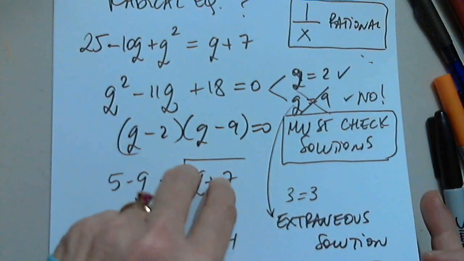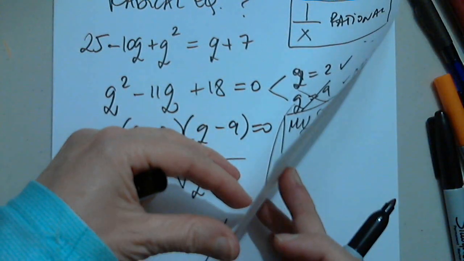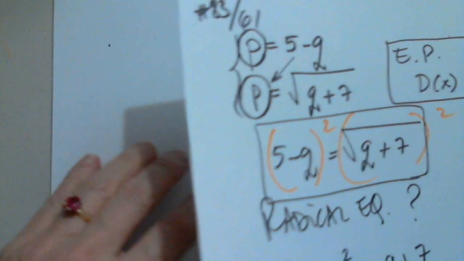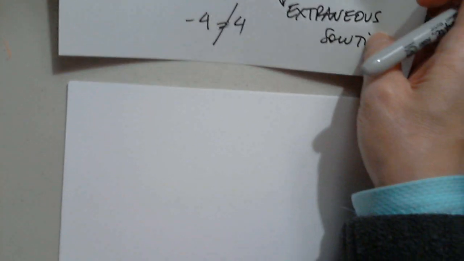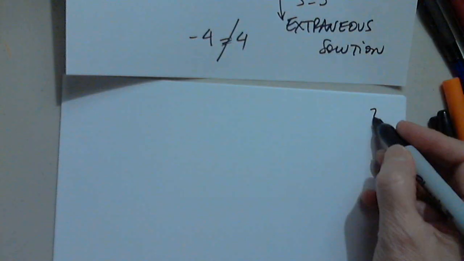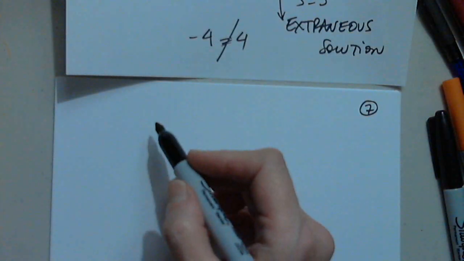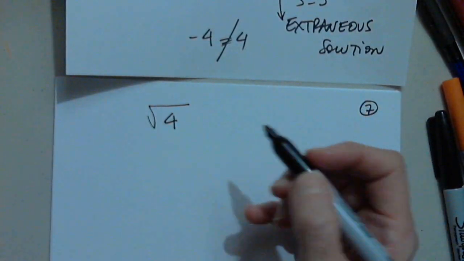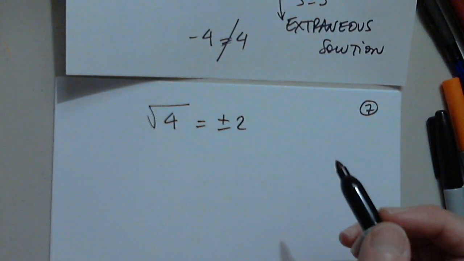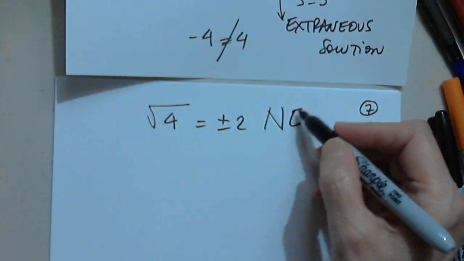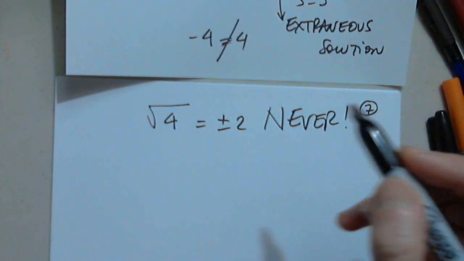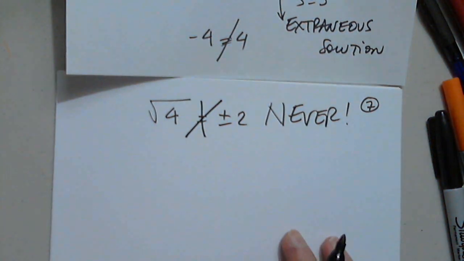Now, I do have students every semester who say, that's not true. No, they don't say it like that, I'm just trying to be funny. They say that's not true because the square root of 4, for example, is plus or minus 2. And I say, never. Please. That's not possible.